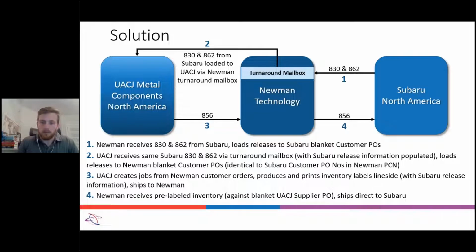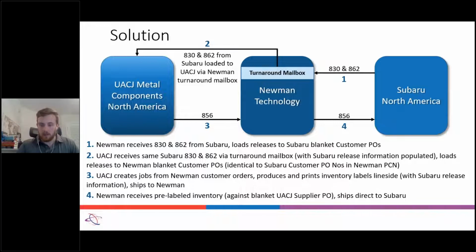So our solution. Stepping through these numbered steps here, Subaru will send the 830 and 862 EDI documents, and Newman will receive those to their customer mailbox.